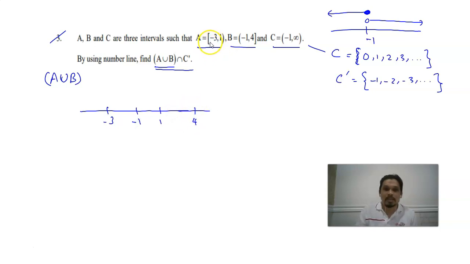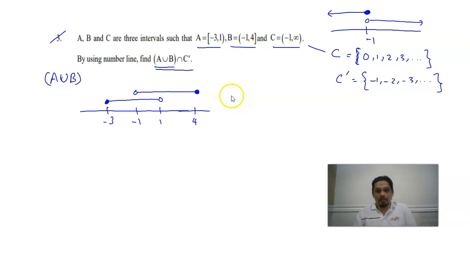So then, look at this one here. Be careful with the sign. This is a closed bracket. It is an open bracket. So closed here until 1, and then -1 open until 4.